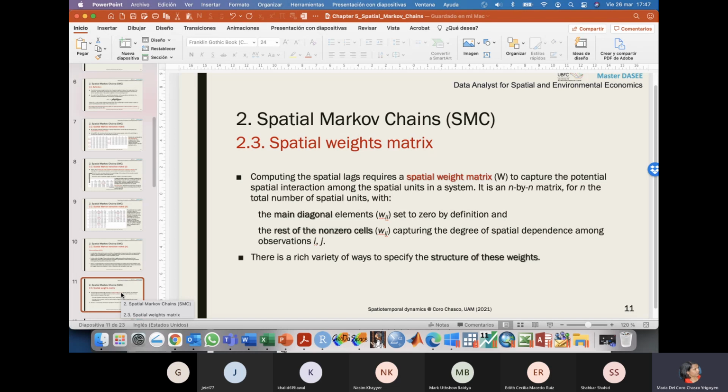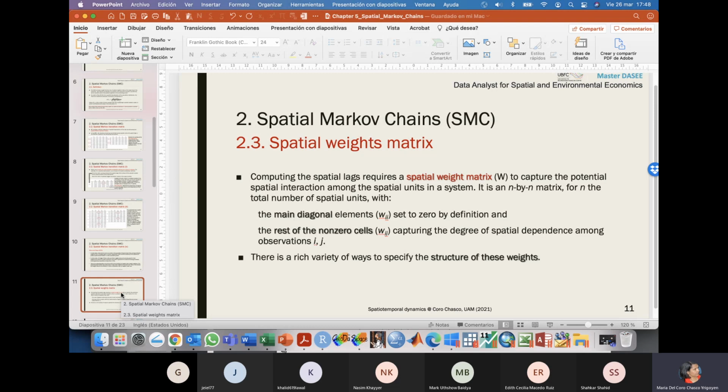If it is an average, it is because I've considered all the enclaves that are around or neighboring one location, and the question is which are my neighbors. This is the main issue here.